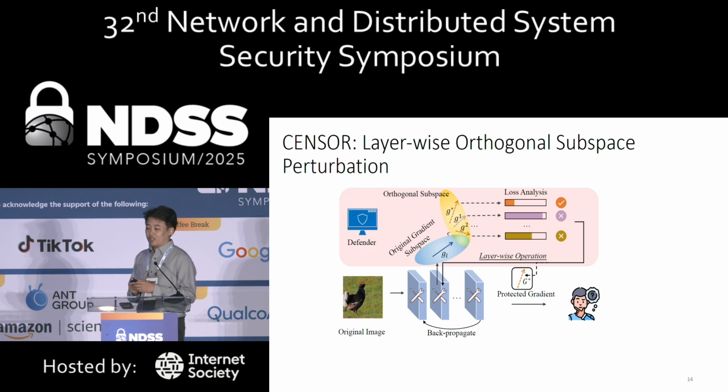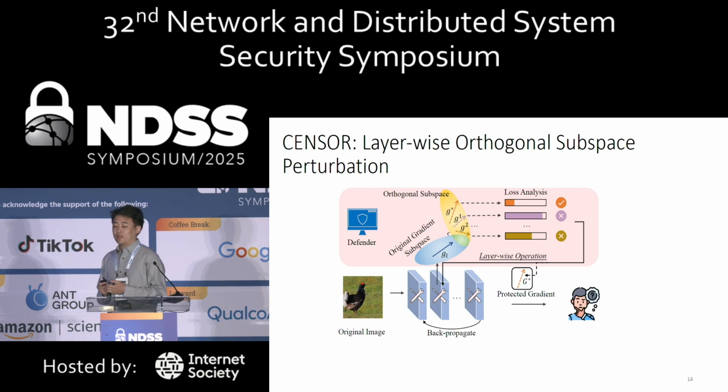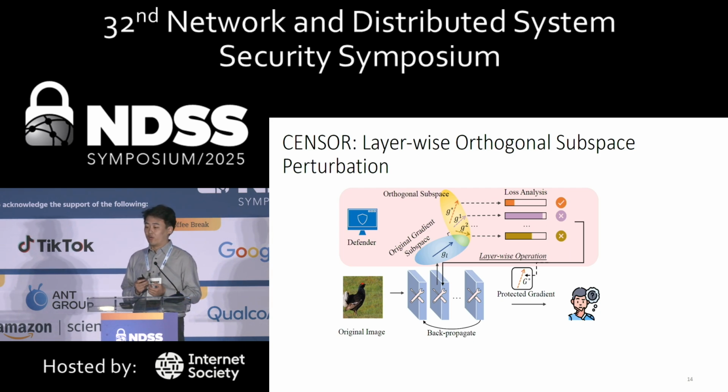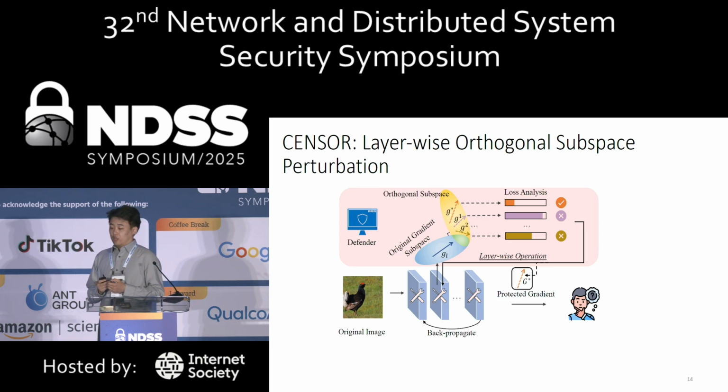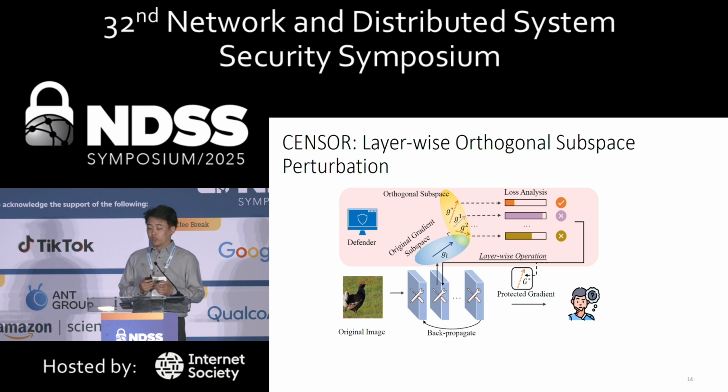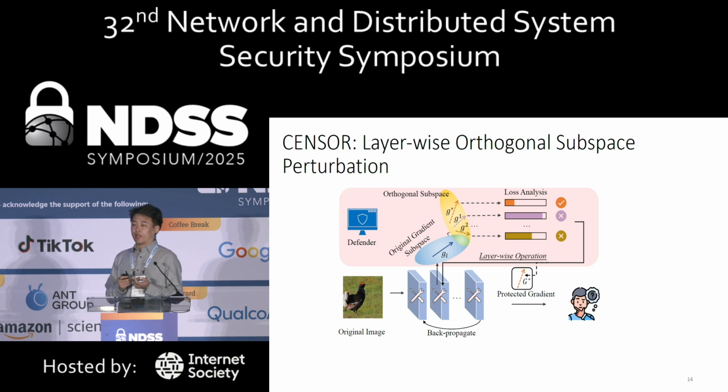Here is our method: CENSOR is layer-wise orthogonal subspace perturbation. Basically, the original input image propagates through the different layers of the model, and in each layer we do the orthogonal subspace projection.